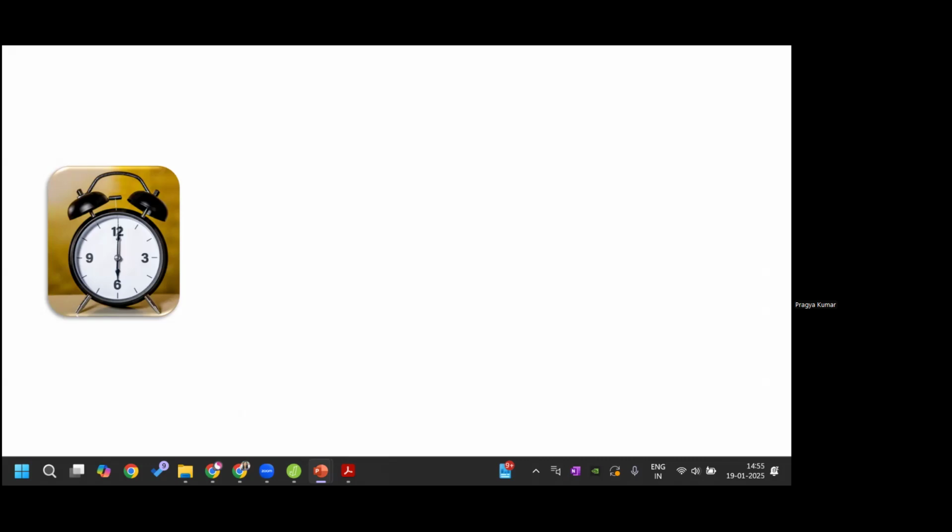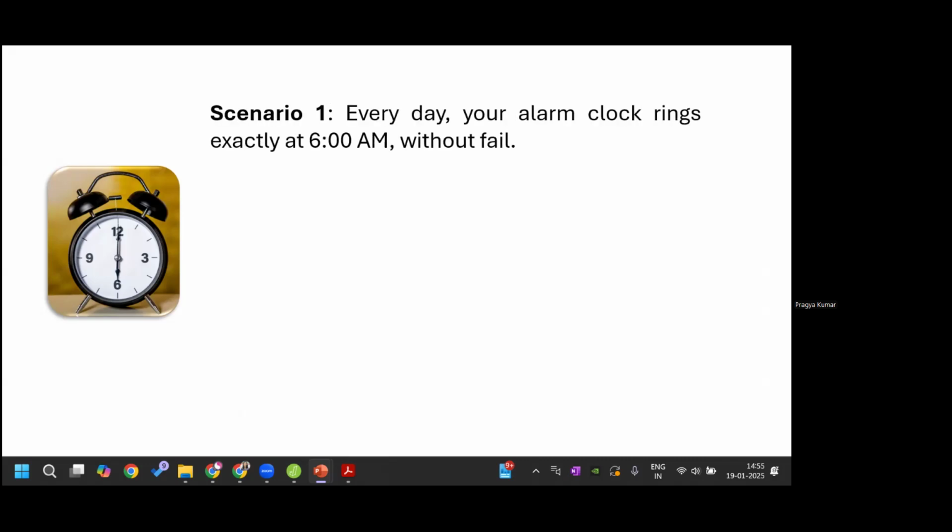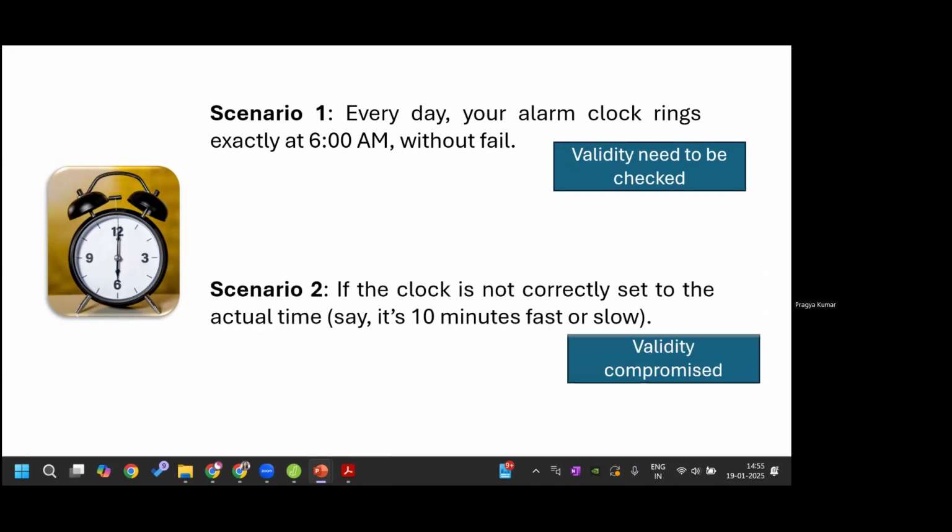But in the case of a scale measurement, how is reliability defined? Let's see the first scenario. Every day your alarm clock rings exactly at 6 a.m. without fail. Again, you need to check the validity.